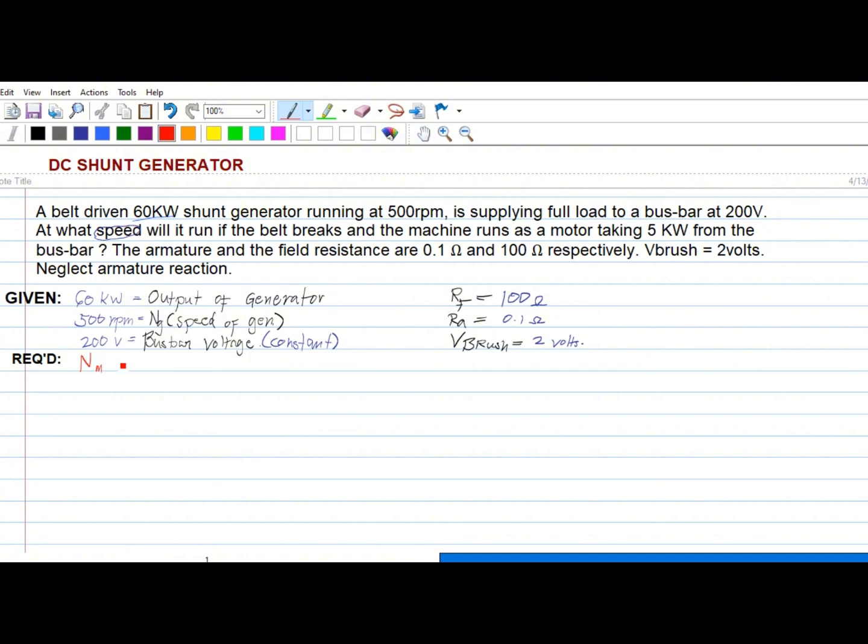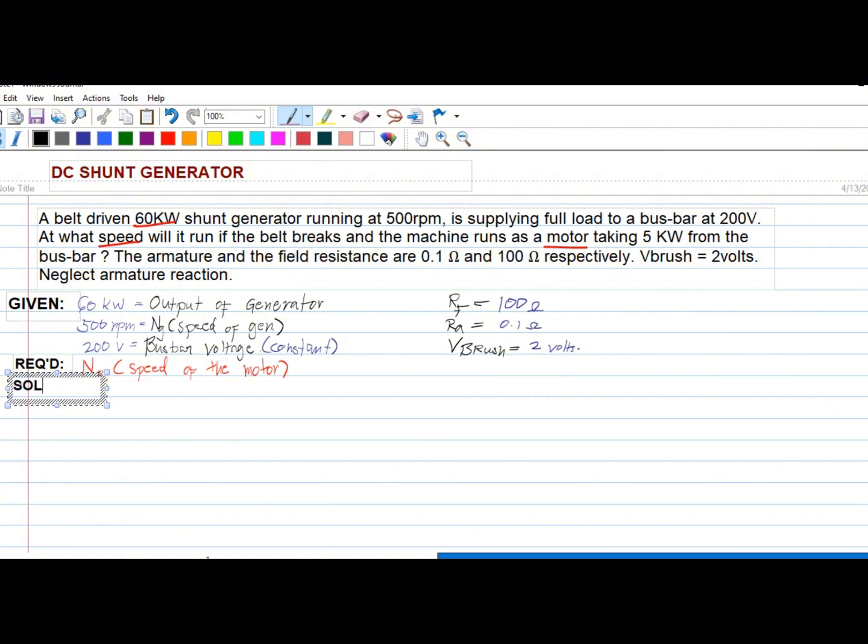We need N of the motor, the speed of the motor. Okay, let's draw the circuit.